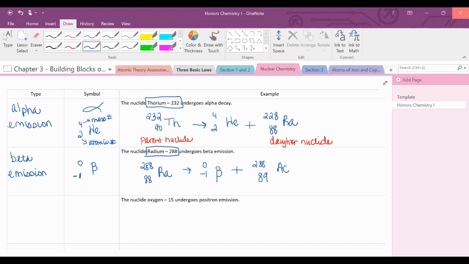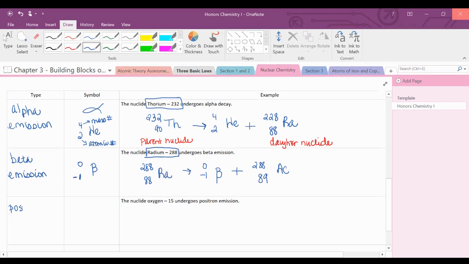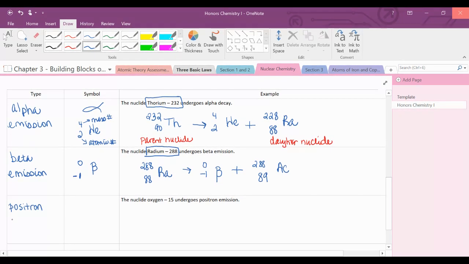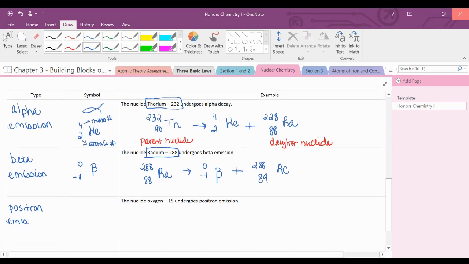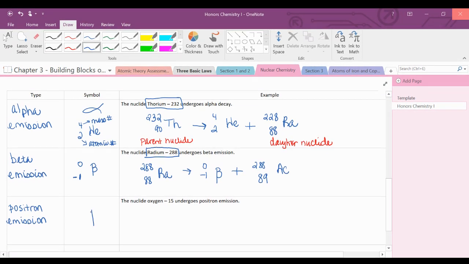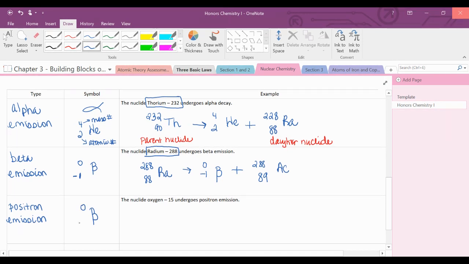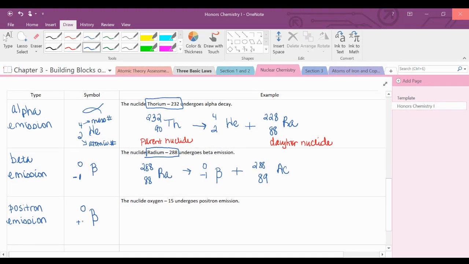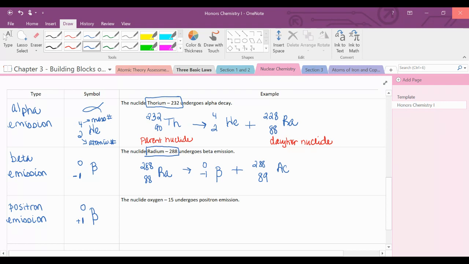All right, type number 3 is called positron emission. And its symbol looks like this. So this is also a beta particle. Okay, so it doesn't have a mass, but it has a positive charge instead of that negative one that our high-speed electron had.